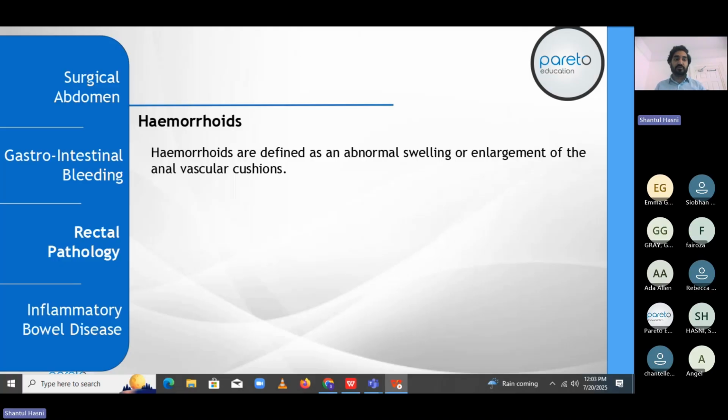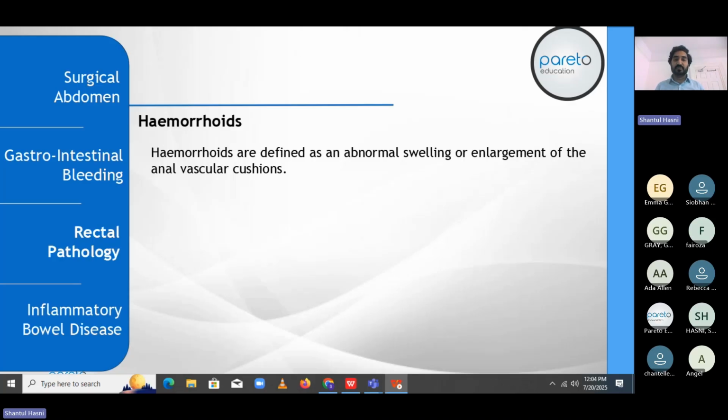They're considered an adjunct to your internal and external anal sphincters, because that's what they basically do. They've got a physiological function, but obviously they're not made of muscle like the sphincters. They're vascular cushions, so they're quite flexible. They get filled with blood, and sometimes they don't have any blood in them.